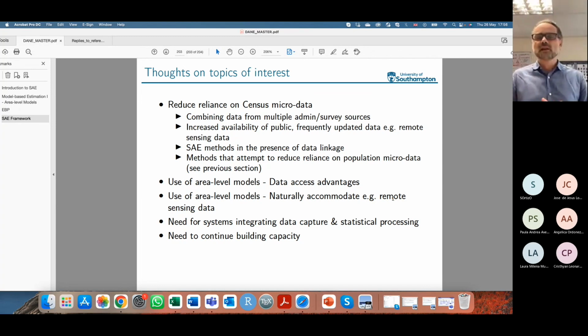The use of area level models is something that I would like you to keep firmly available as a potential method, because it has advantages in terms of data access, and area level models can naturally accommodate data sources such as remote data sources, right? You may not end up using area level models, but for those target parameters where area level models can be used, potentially you may wish to consider those as part of your estimation process and strategy.